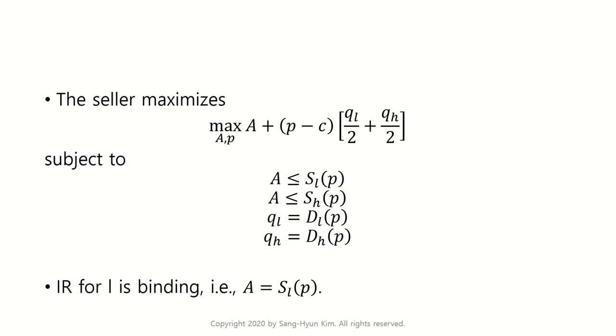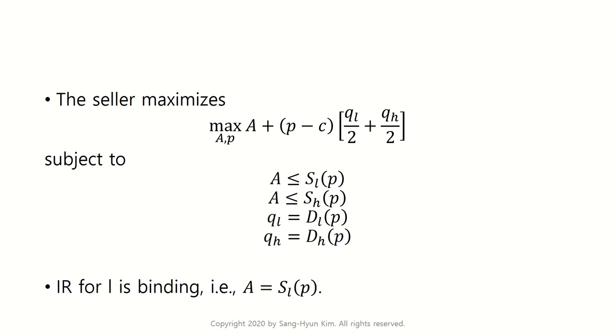You get this P minus C margin from each unit sold, and then you have the demand, which is half times QL plus half times QH. Half of the consumers are low type and half are high type.